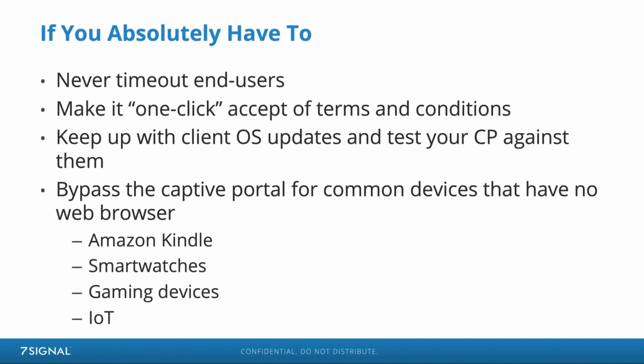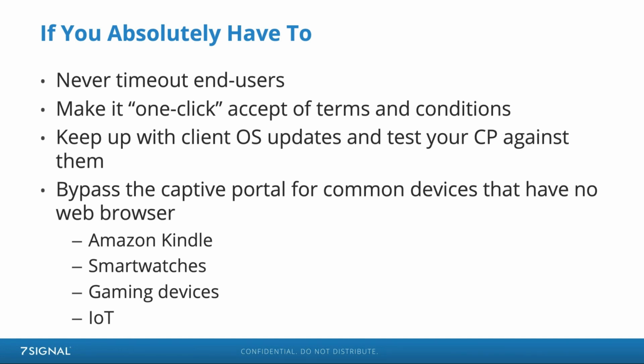And then if you can, bypass the captive portal entirely for those classes of devices that don't have a web browser, that don't have a human web interface. Amazon Kindle, smartwatches, gaming devices, IoT, fitness devices.